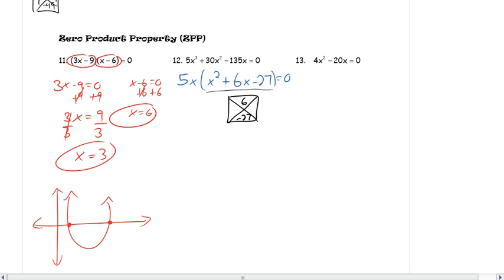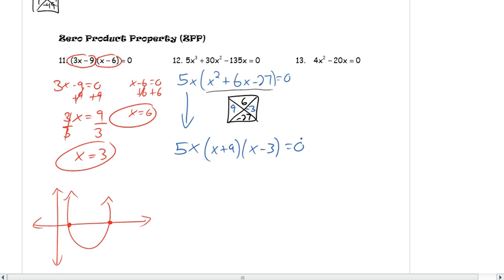Again, you need to be able to be good at this. It's a little puzzle. Those numbers would be 9 and negative 3. So go ahead and rewrite. Don't forget to bring down this 5x, though. A lot of people like to forget that. 5x times, inside we have x plus 9 times x minus 3 equals 0.